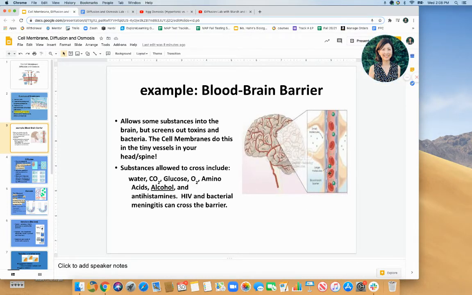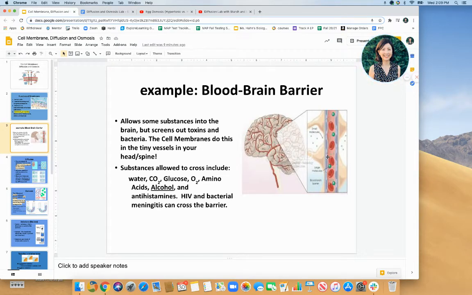Okay, so an example of how our membranes work is the blood vessels and nerve cells in our brain. So the blood-brain barrier: some of the molecules that can pass through into brain cells are water, carbon dioxide, glucose, oxygen, amino acids, alcohol, antihistamines, and different viruses like HIV and meningitis can also cross over.